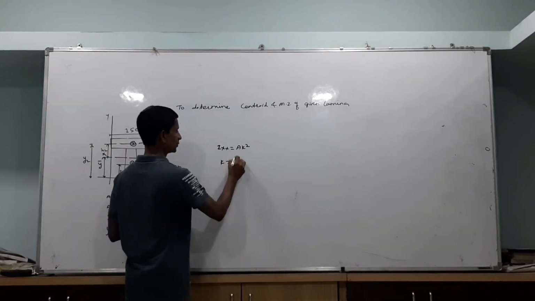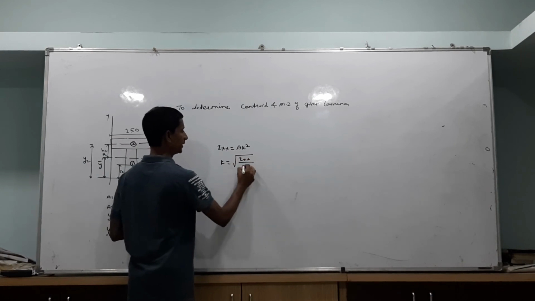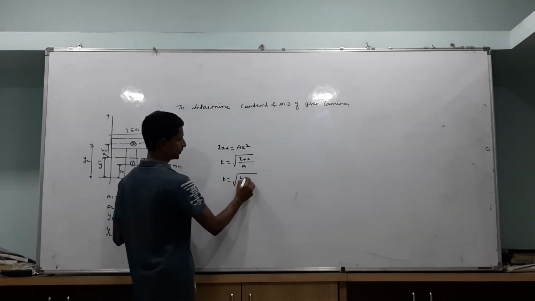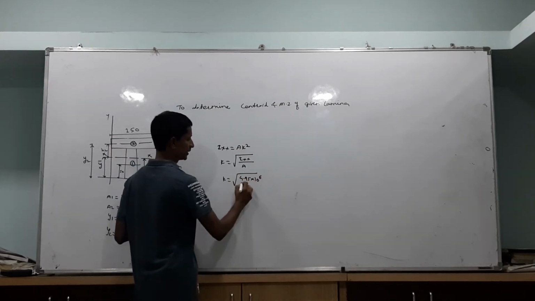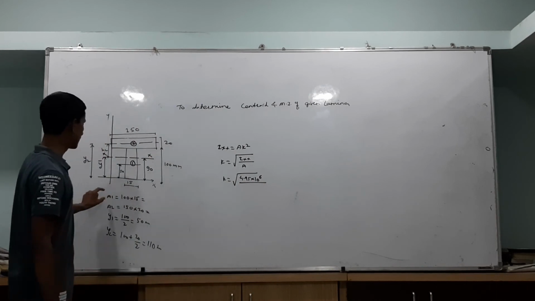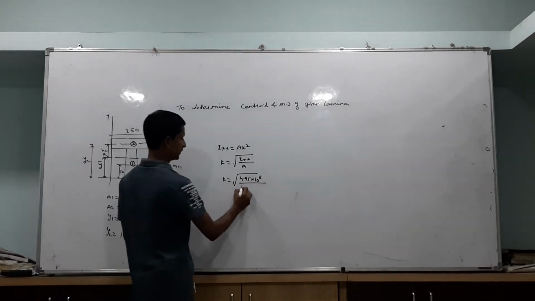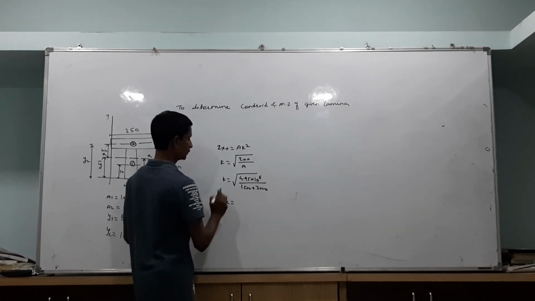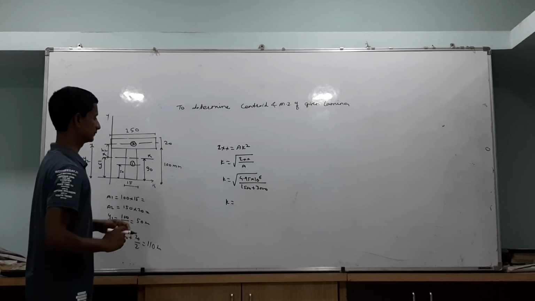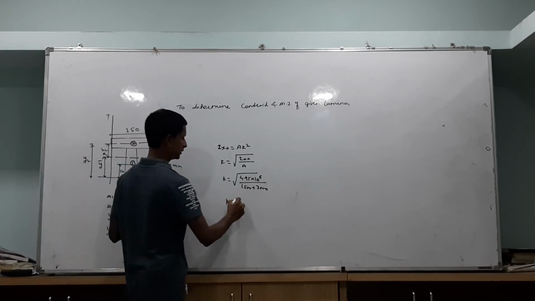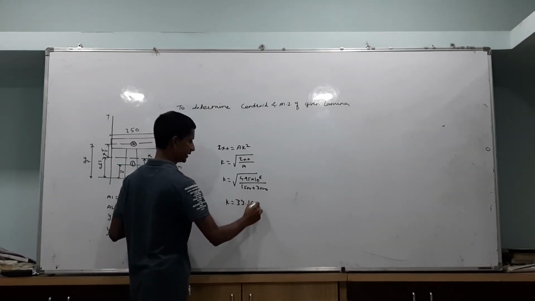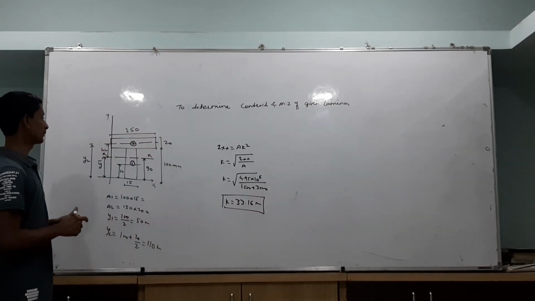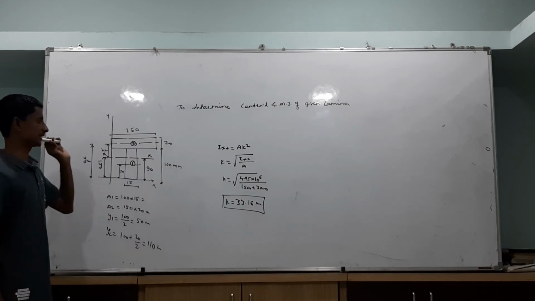So k is equal to under root Ixx divided by A. That is, k is equal to Ixx we have calculated, which is 4.95 into 10 raised to 6, and total area, that is area number 1 plus area number 2, that is 1500 plus 3000. So after calculating, k becomes 33.16 mm, which indicates the radius of gyration for the central axis xx.